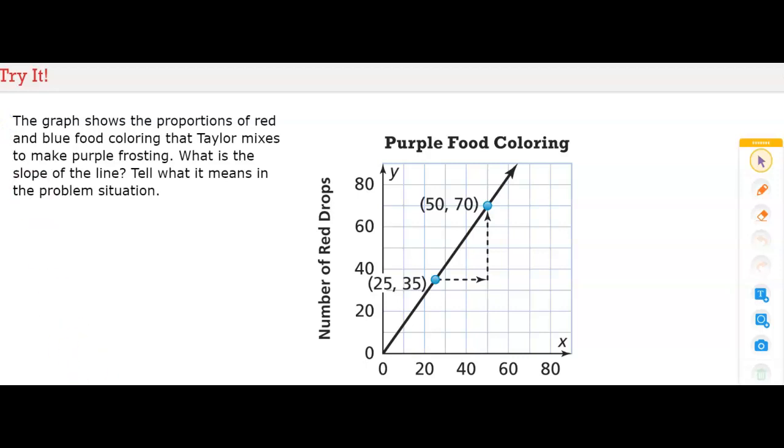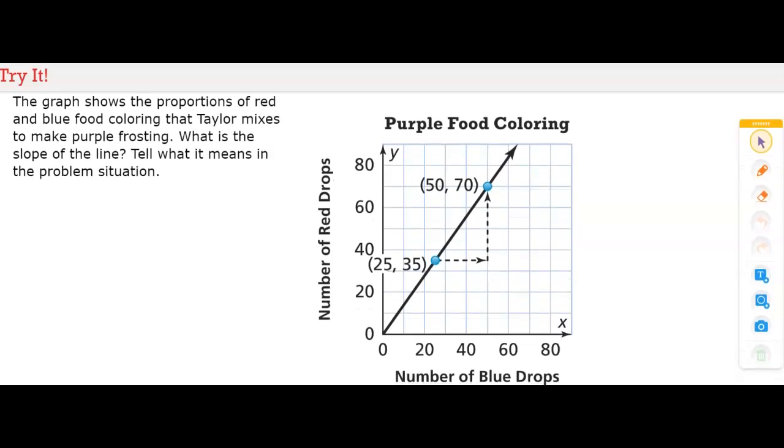The graph shows the proportions of red and blue food coloring that Taylor mixes to make purple frosting. What is the slope of the line? Tell what it means in the problem situation. Once again, we have to find the slope of the line, and I'm going to show you how to use the equation you saw in the example.